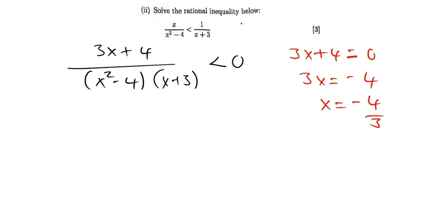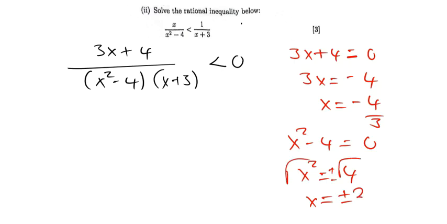The other part, we have this equated to 0. x squared minus 4 is equal to 0. x squared is equal to 4. So x is equal to plus or minus the square root of 4, which will just be plus or minus 2. And then if you equate the x plus 3, it's going to be x is equal to negative 3. So these are the different values that we have.